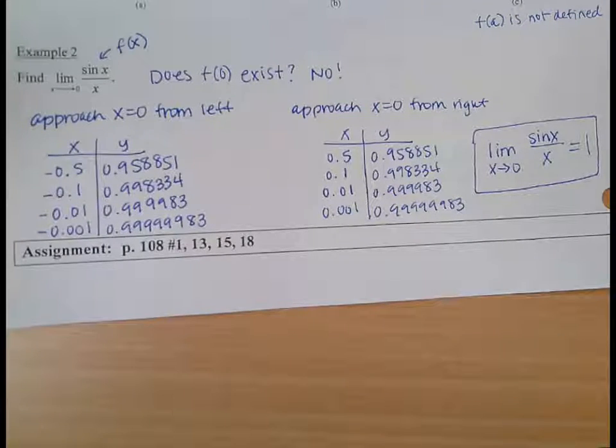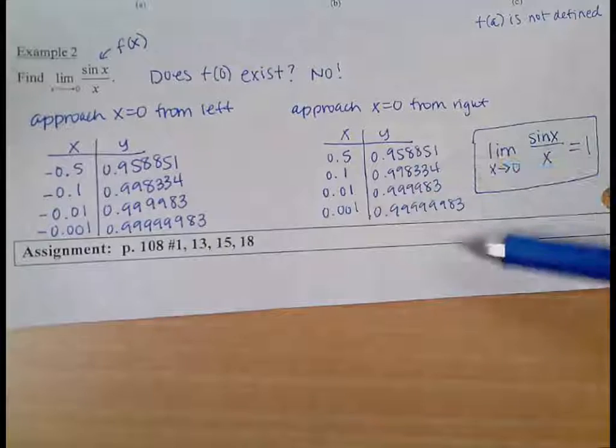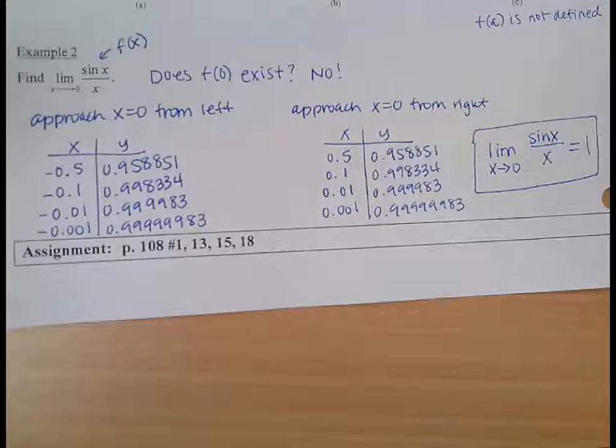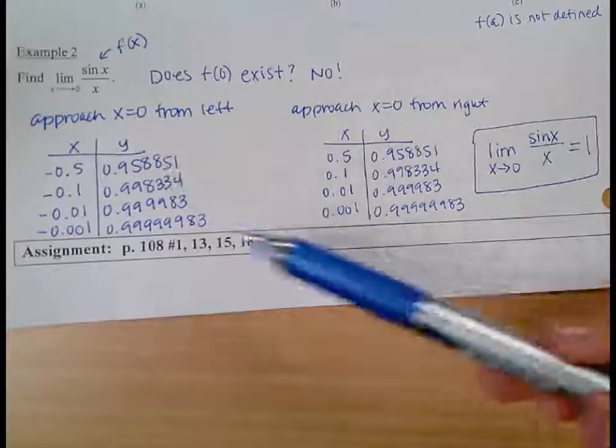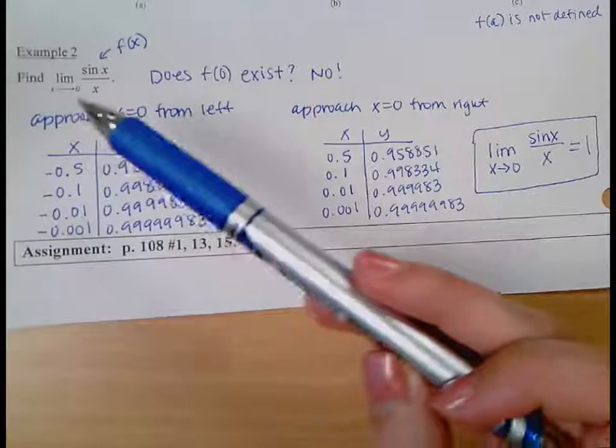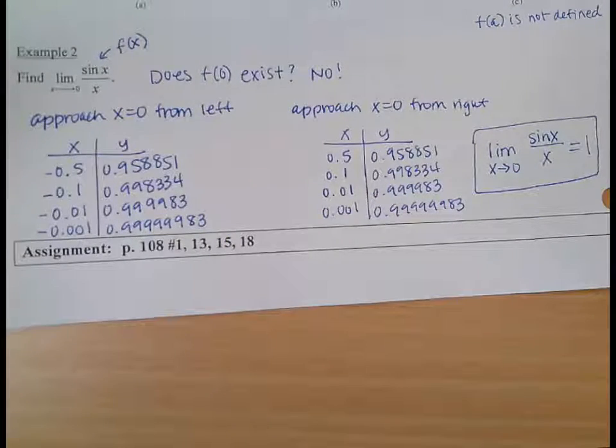To show a limit, you have to show the values are actually approaching that number. Because it's possible a limit will not exist. So just keep that in mind. This is what I would expect you to show if I asked you to find a limit numerically. Because we are going to have other ways to find them, so I'm just specifying the numerically part.